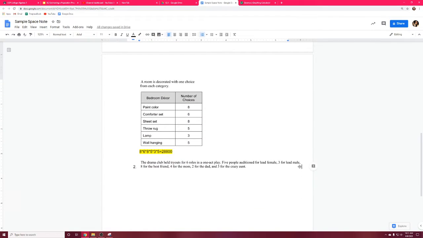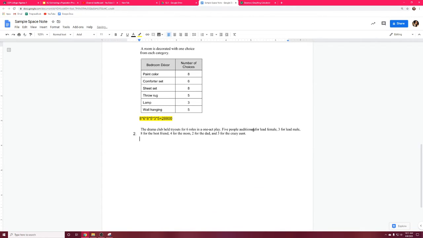All right, let's look at another example. In this example, they don't have a table for you, but they do have a list. Let's read it quickly. The drama club held tryouts for 6 roles in a one-act play. 5 people auditioned for the leading female.